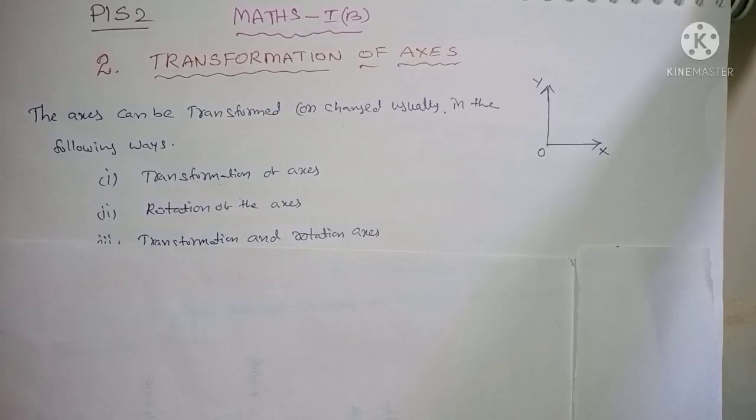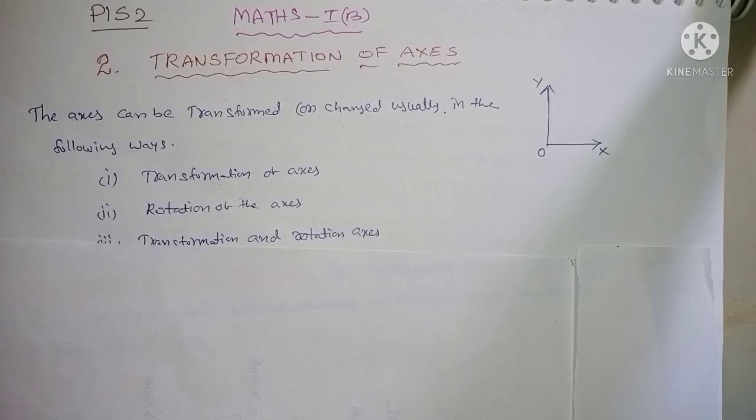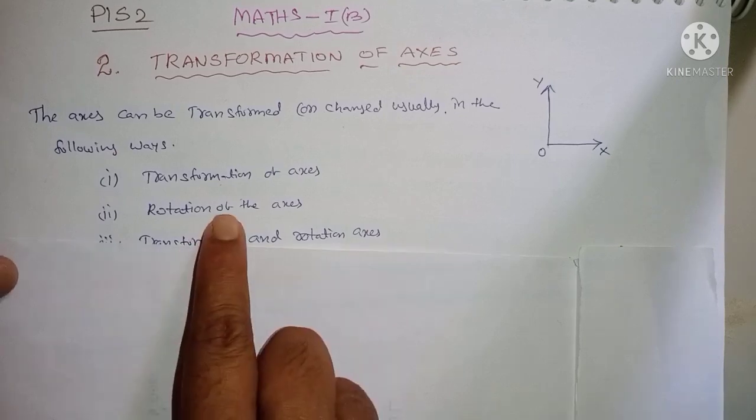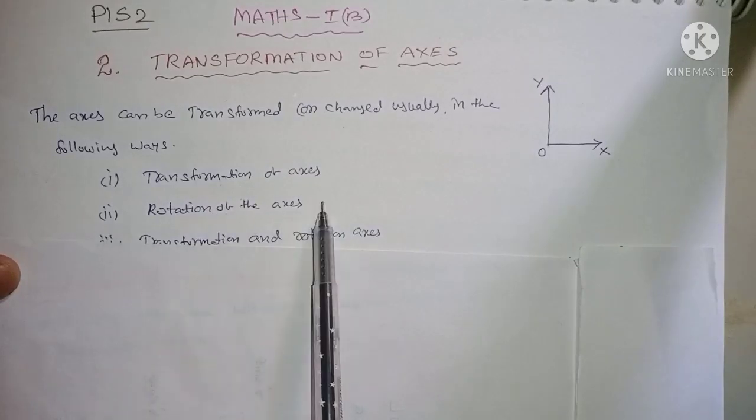Today we are going to study the next chapter, Maths 1b, transformation of the axis. The axis can be transformed or changed usually in the following ways. The main ones are two ways: the first is translation of the axis, and the second is rotation of the axis.